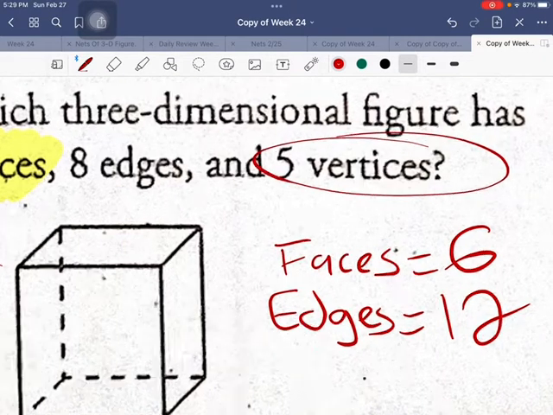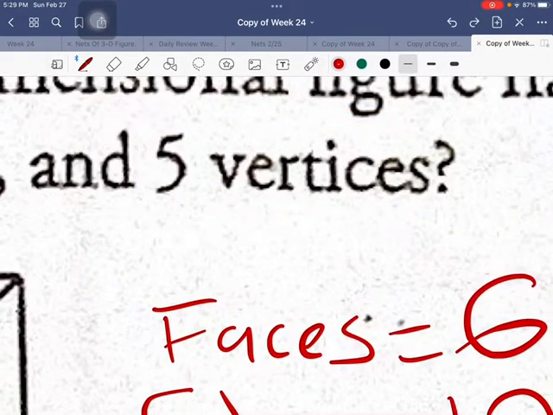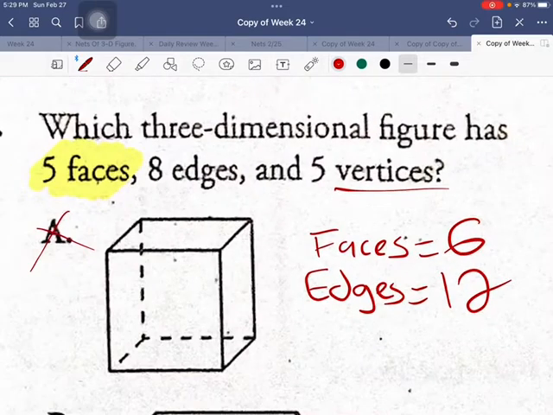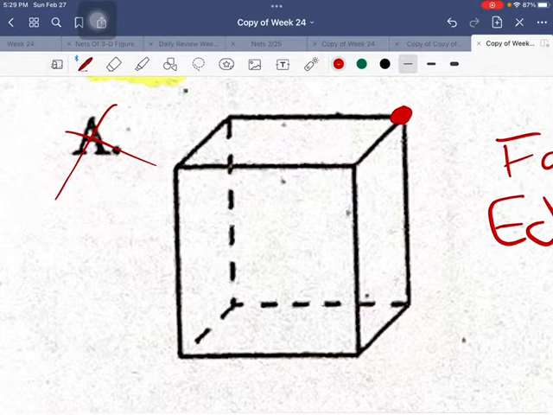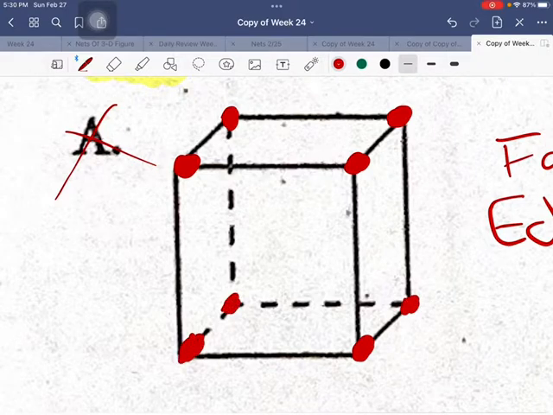5 vertices. What does 5 vertices mean? ¿Qué quiere decir eso? Vertices. Well, what vertices means is each corner. How many corners does it have? Is it 5? I don't think so. I think it's 1, 2, 3, 4, 5, 6, 7, and 8.